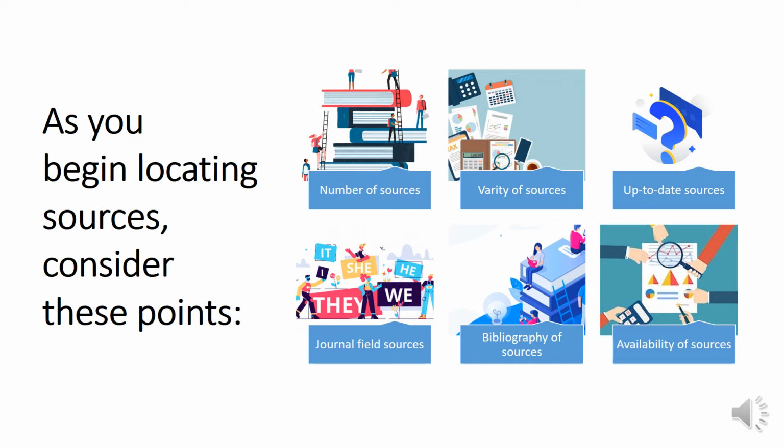And at last, the availability of sources. The availability of sources may determine whether or not the topic is feasible. It may be necessary to change or refine the topic if you cannot locate enough appropriate references.